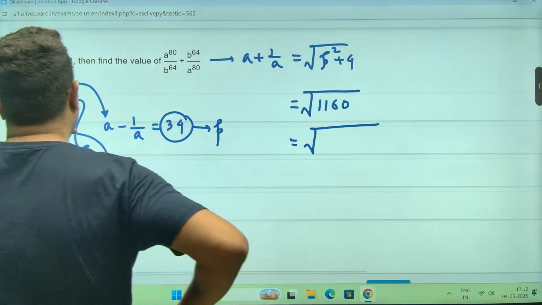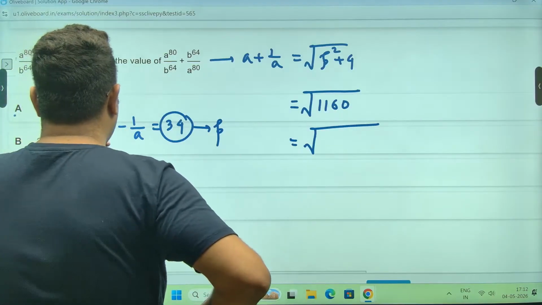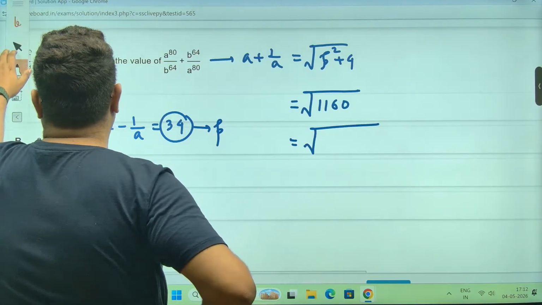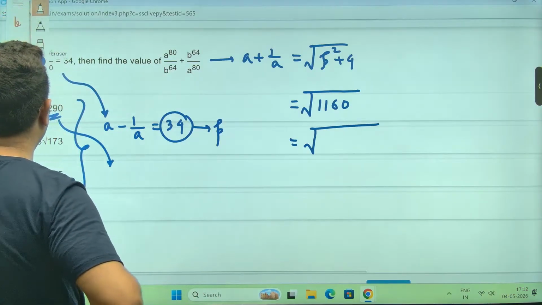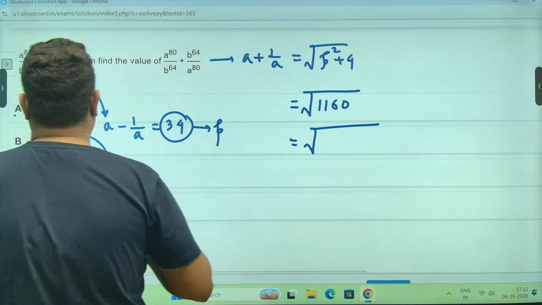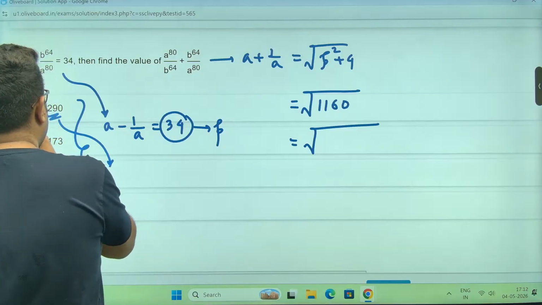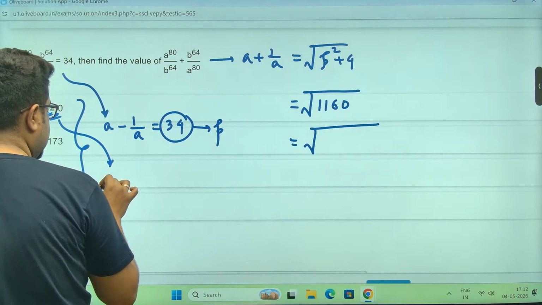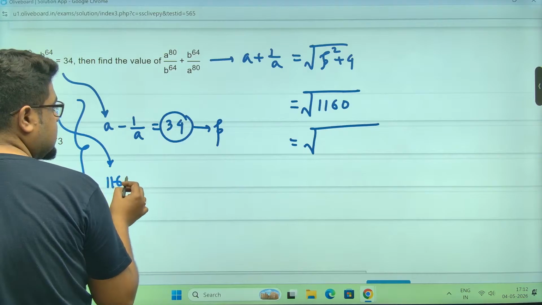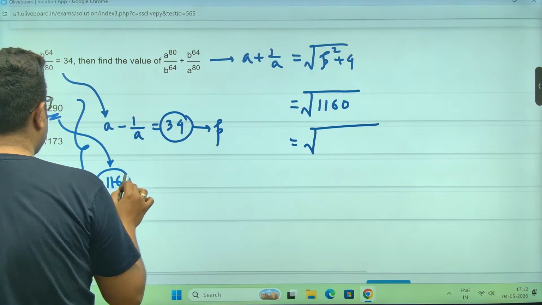So, one second. I've made an error. 30 times 4 is 120, 120 meaning 116 and 4.